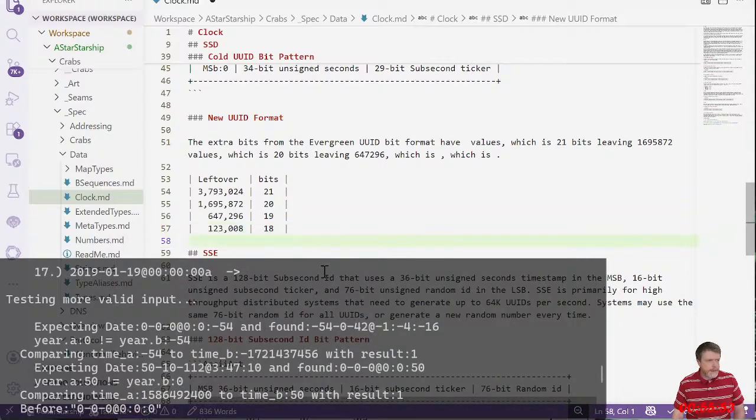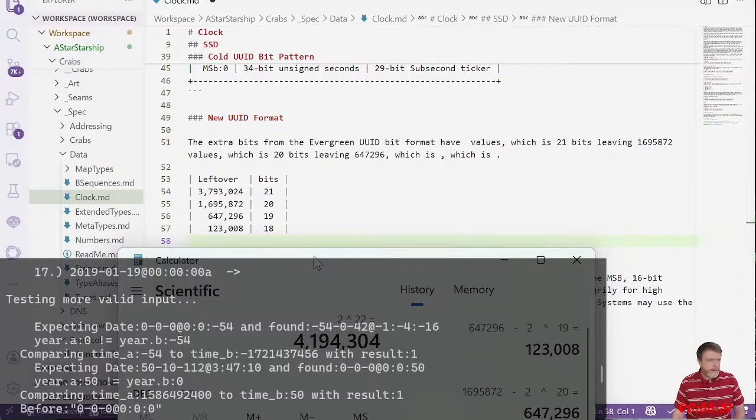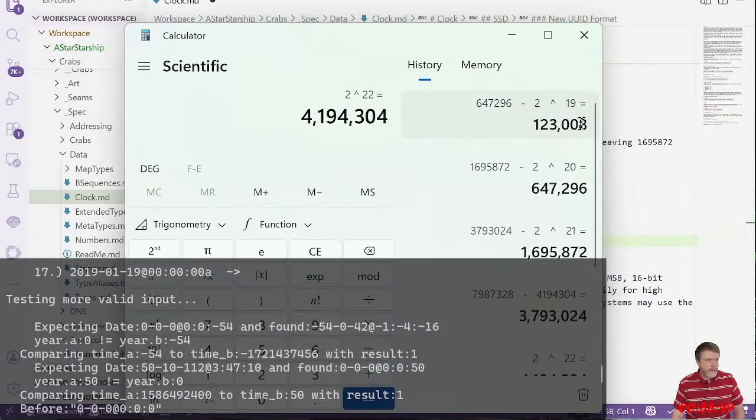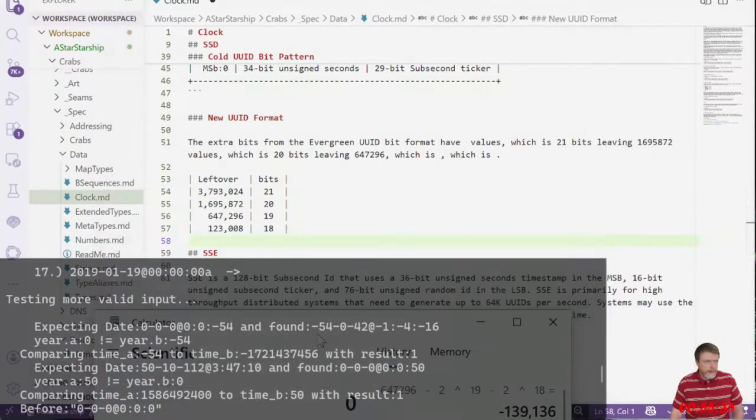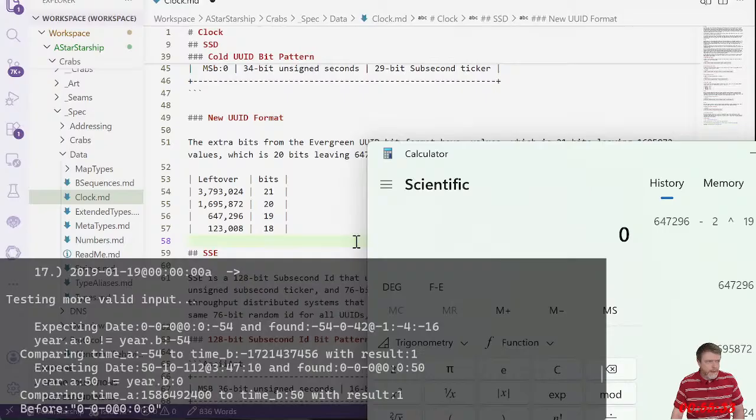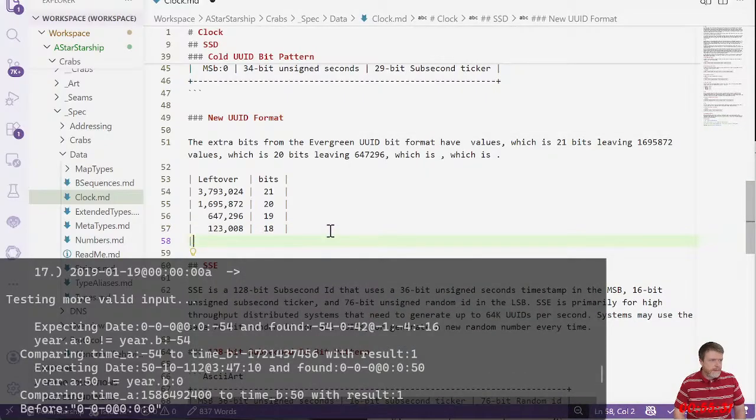What the hell did I just do? Damn it. It's 2 to the 18th. No. Huh? Why is this 16? I thought I would have just gone down 16.